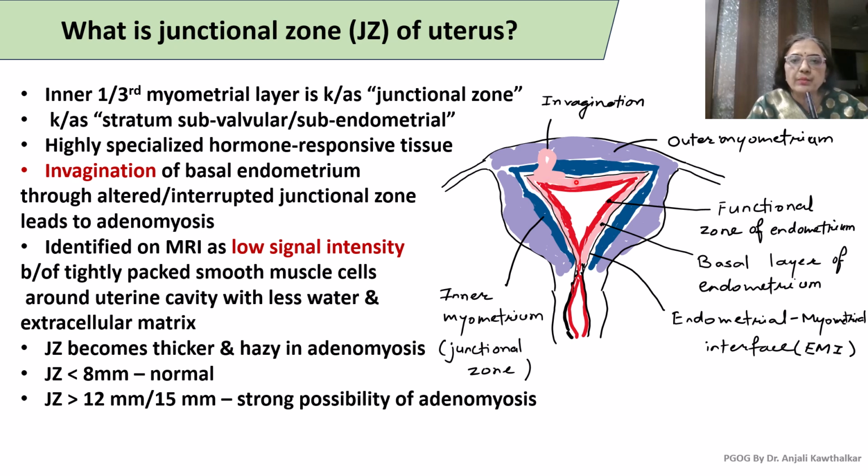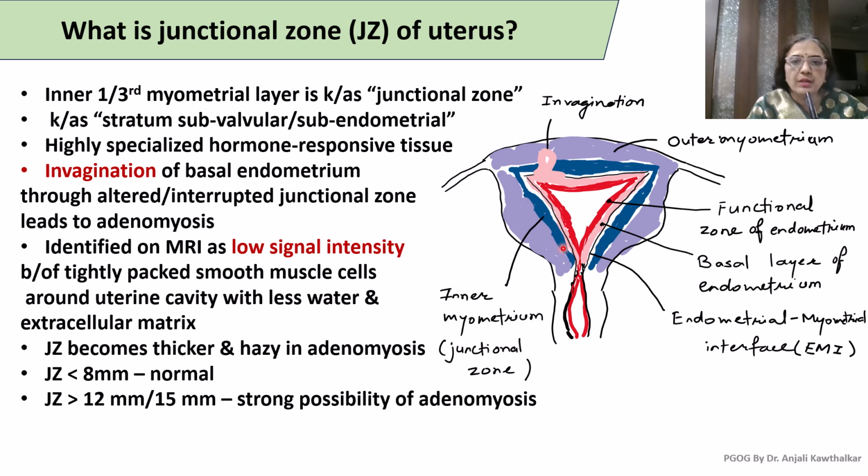This light pink in color is the basal endometrium. Outer to that is the endometrial myometrial interface, EMI. And then outside this endometrial myometrial junction or interface, what we have is the junctional zone or inner myometrium.